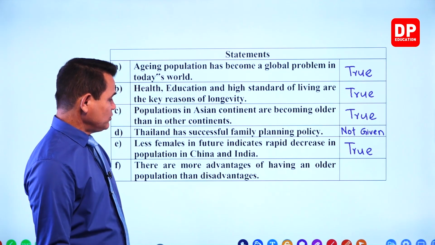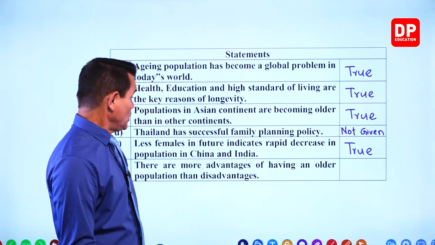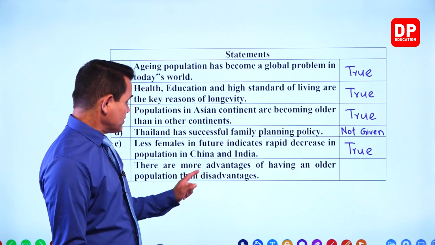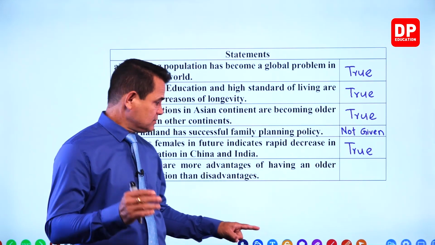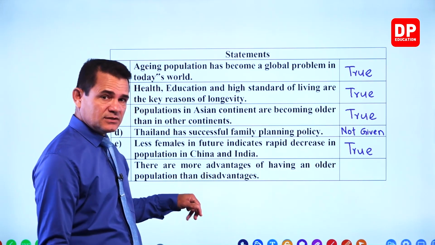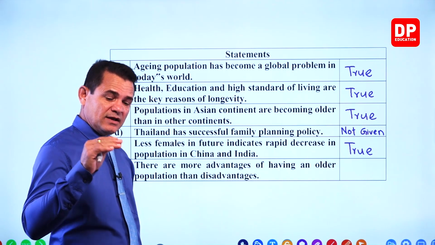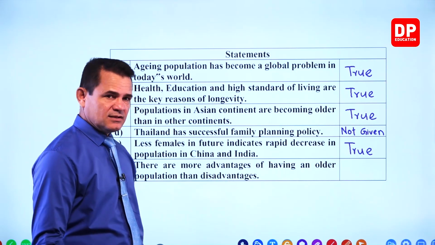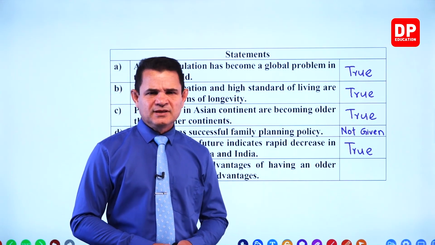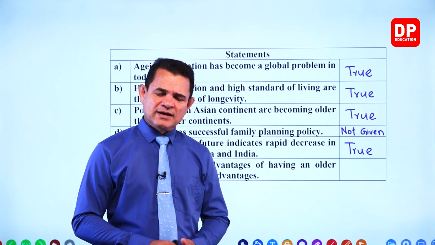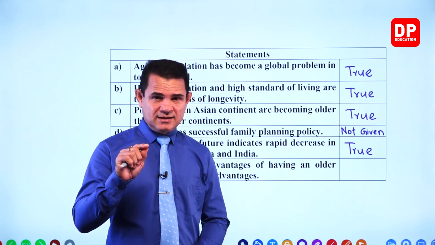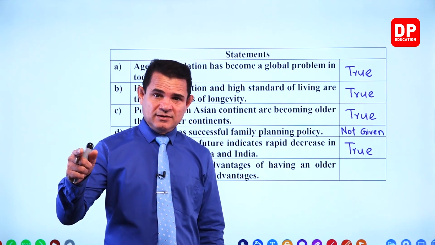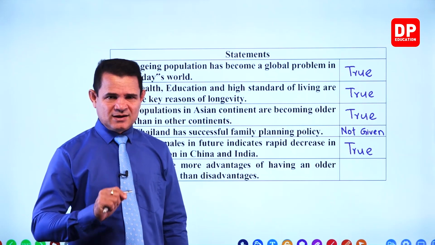Next one: There are more advantages of having an older population than disadvantages. There was only one mention, that when the parents are at work, the older population looks after the children.